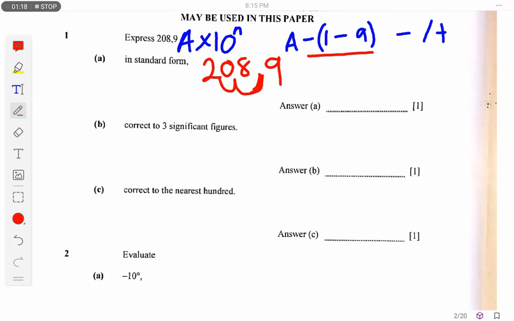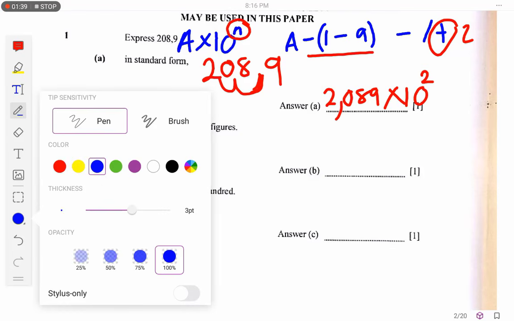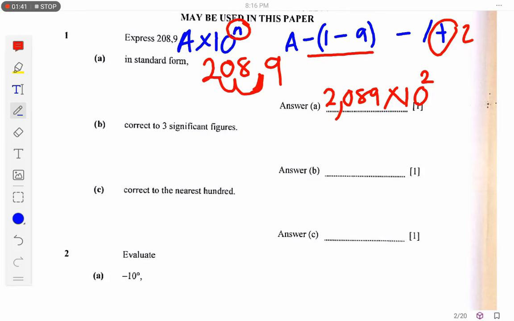So when I move it 2 times, it means my n is going to be a positive 2. Then my a is going to be 2 point, so I'll have 2.089 times 10 to the power of 2. That's our answer there. Now let's go to the next part of the question, 3 significant figures.